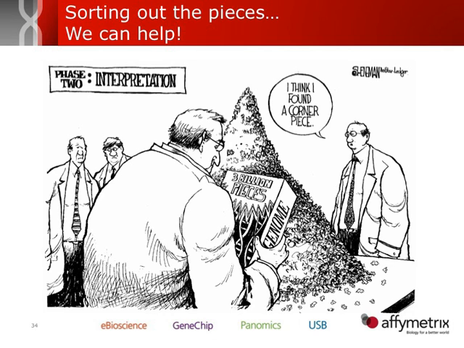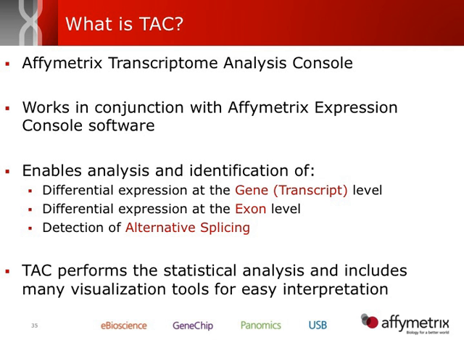Where do I start? And so with the Human Transcriptome Array, Affymetrix has launched our own software called Transcriptome Analysis Console, which allows you to do a statistical analysis at both the gene level and the alternative splicing level for your Human Transcriptome Arrays. This software works in conjunction with the Expression Console, which a lot of you may be already familiar with. So you'll need both Expression Console and then Transcriptome Analysis Console in order to process this workflow.